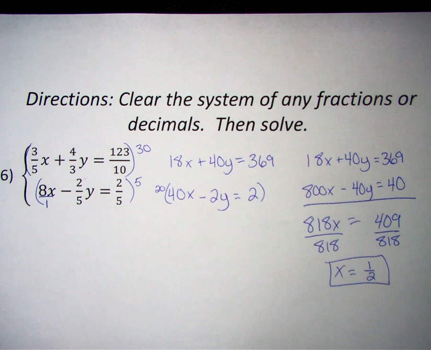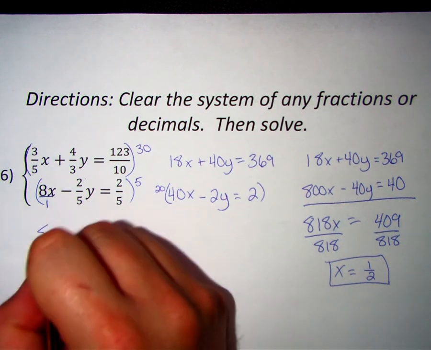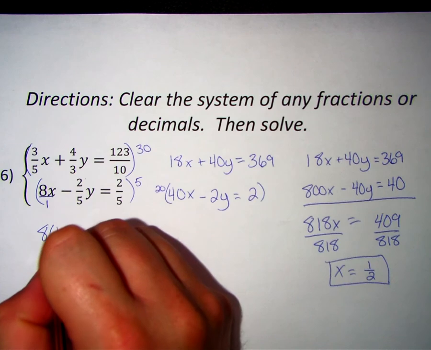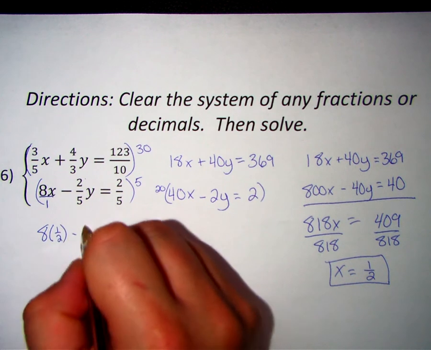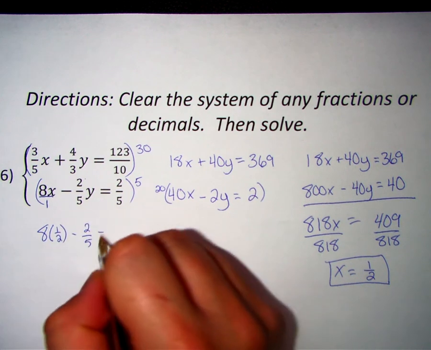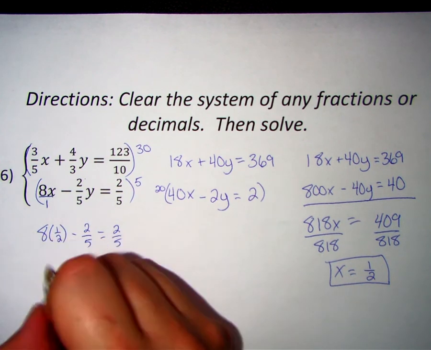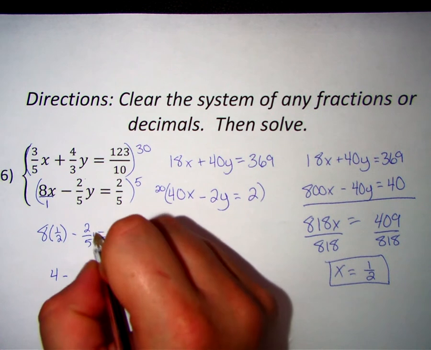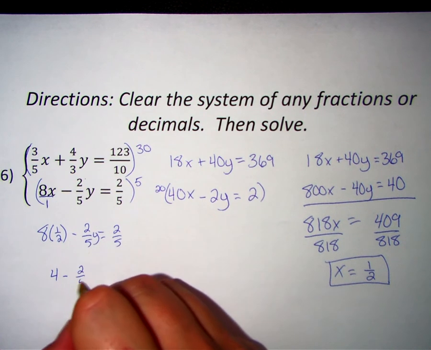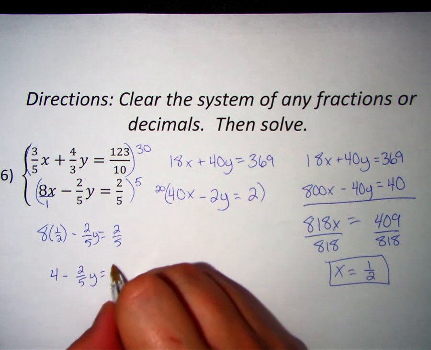Well, where can we plug x in very quickly and easily? I'd probably recommend up here in this bottom equation. So 8 times 1/2 minus 2/5 equals 2/5. 8 times 1/2 is 4. Oops, sorry, I left off my y. Minus 2/5 y equals 2/5.